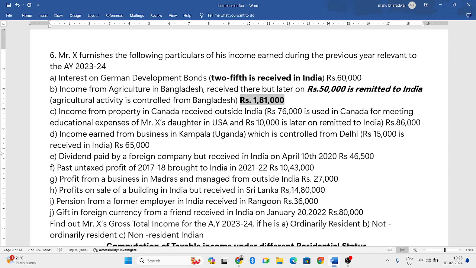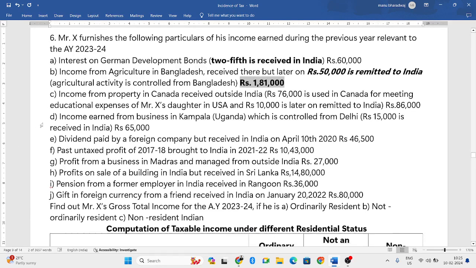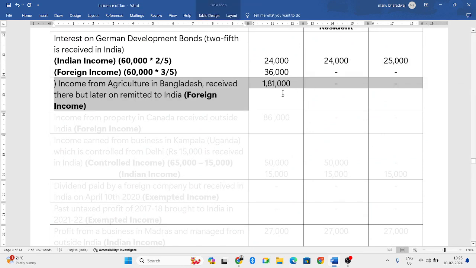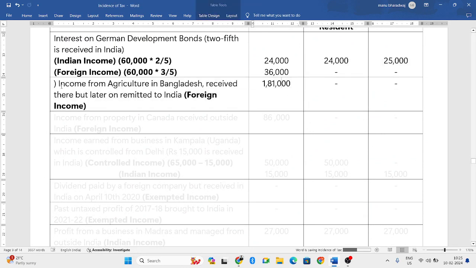So income has arisen in Bangladesh and received there. So its receiving aspect is also in Bangladesh. Both the arising aspect as well as the receiving aspect are outside India. When both are outside India, it is considered as foreign income. So it is a foreign income from other sources. Only an ordinary resident will be taxed.